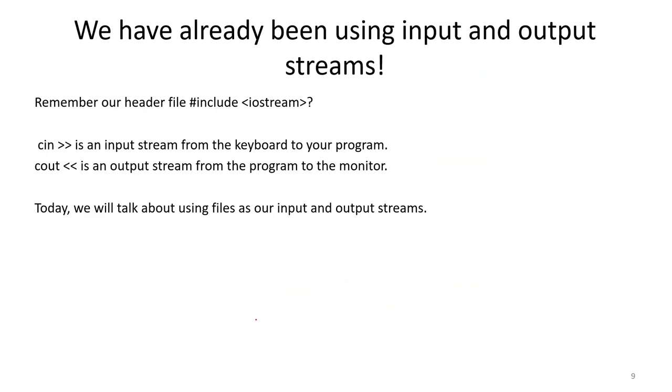So I mentioned our header file #include <iostream>. Remember that? It turns out we have already been using input and output streams. When we use the #include <iostream> header file, we gain access to cin and cout.